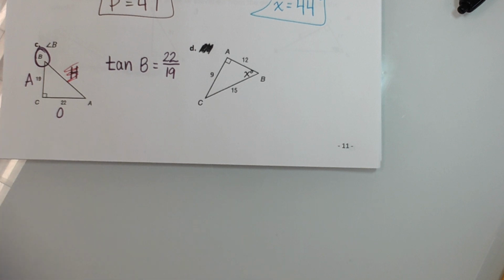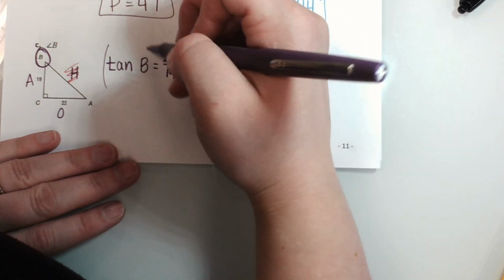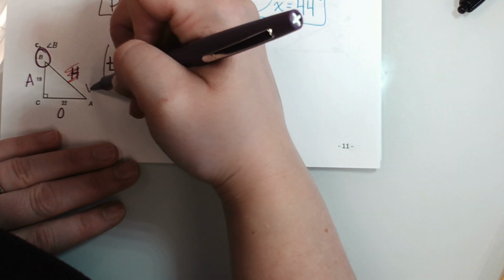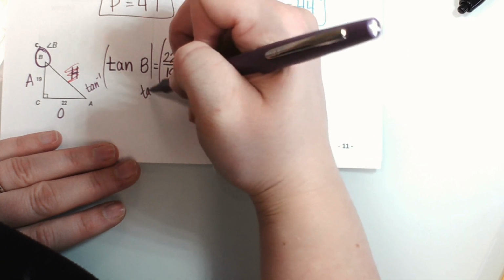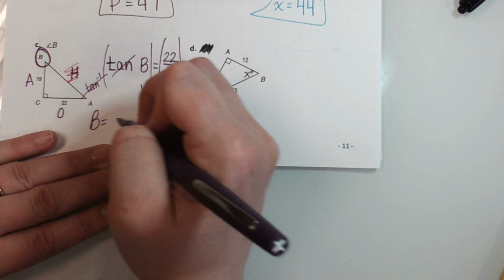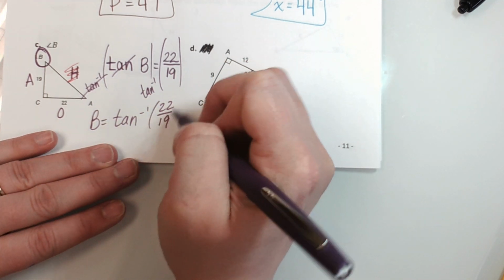Zion, how do I get B alone? Parentheses. Do that thing where it cancels out. Tangent with the little -1. Tangent inverse. Be careful. Cancel, cancel. B is equal to whatever tangent inverse of 22/19 is.